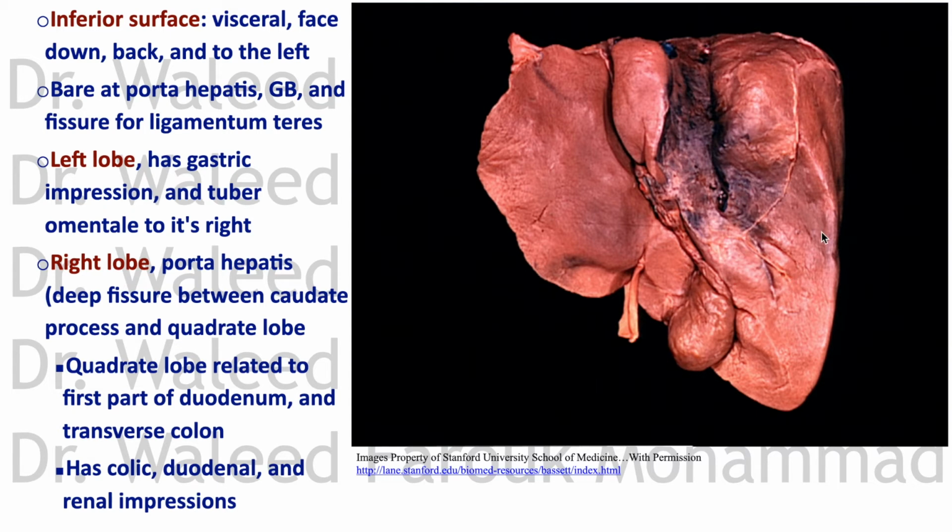So you have a renal impression, you have a colic impression on the right side related to the quadrate lobe, the first part of duodenum till the neck, and then the second part on the neck and body. And on the left side, you have the gastric impression, the tuber omentale, and the esophageal impression on the posterior surface extending to the superior surface.